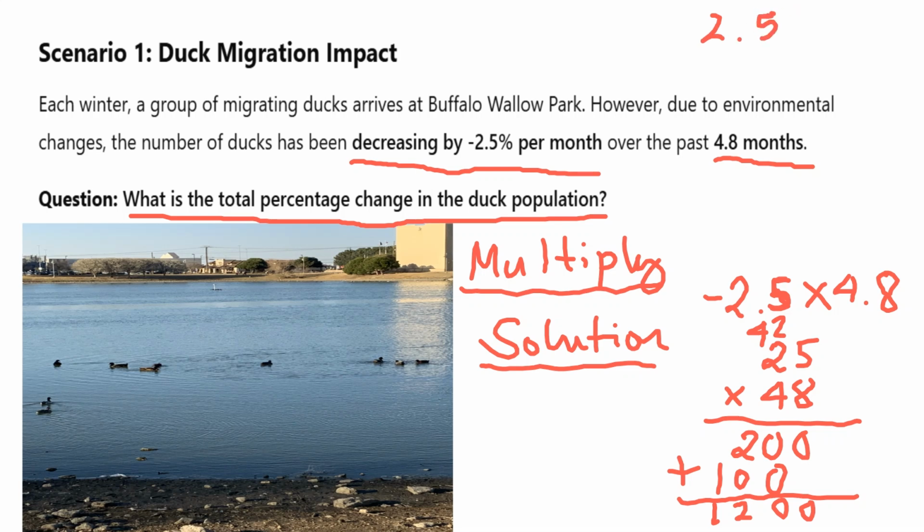So we have 2.5 and 4.8. Did I say it right? Yes, 2.5 and 4.8. If we are going to count the decimal places to the right of the decimal point of both numbers we are multiplying, how many is that?